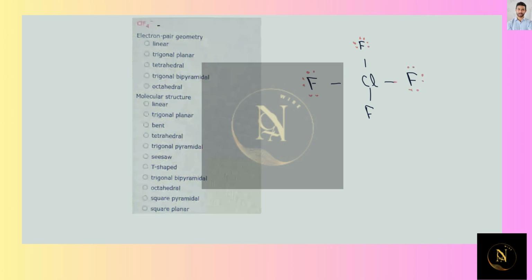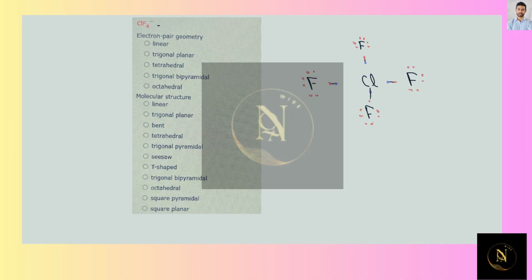Remember that one of the fluorine electrons is going to be part of the single bond over here. I'm just going to add it up to the structure just for you to be able to identify it. On the other hand, for the chlorine atom, what we're going to get is one electron for each of the bonds.